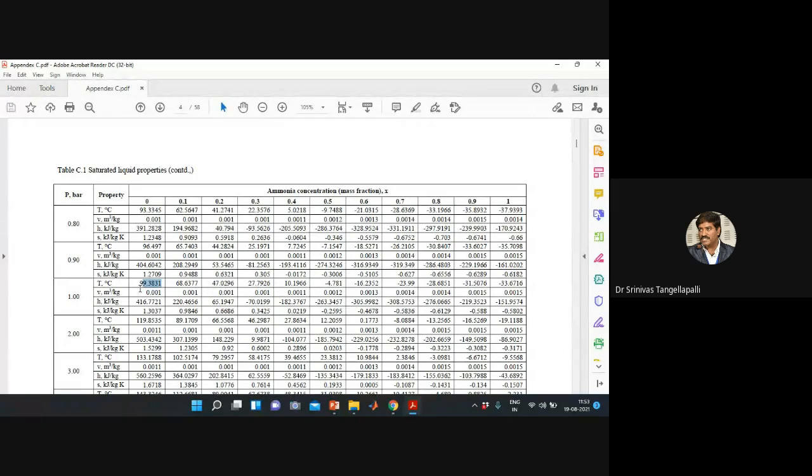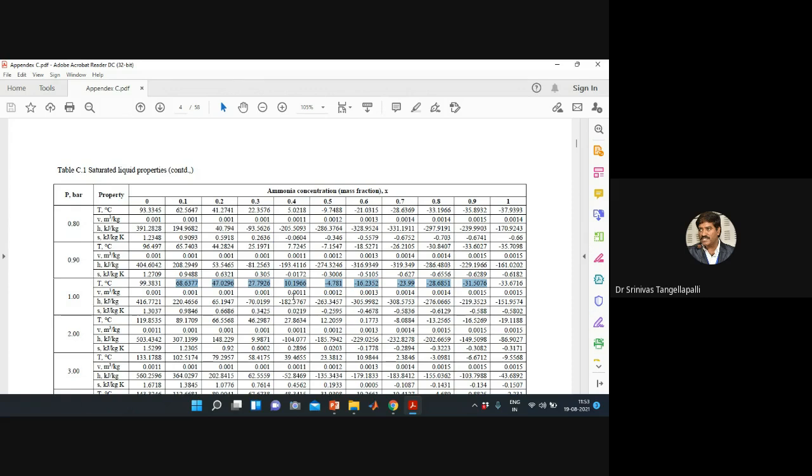But if it is a mixture, let us say from 0.1 after 0, that means as per this table from 0.1 to 0.9, could you give the name for these temperatures? It's changing from 68 to minus 31. What is the specific name as per the binary fluid, as per our discussion?